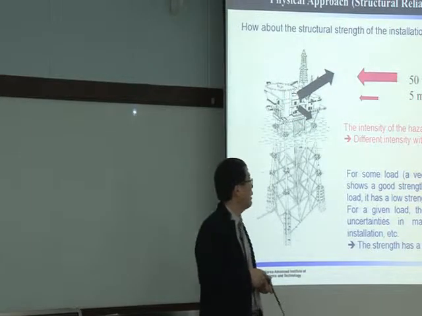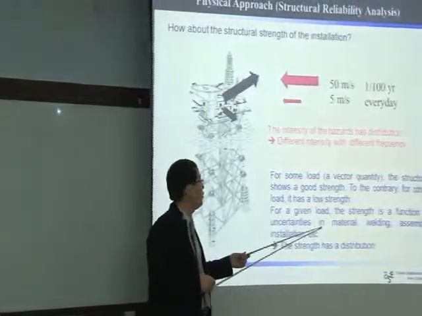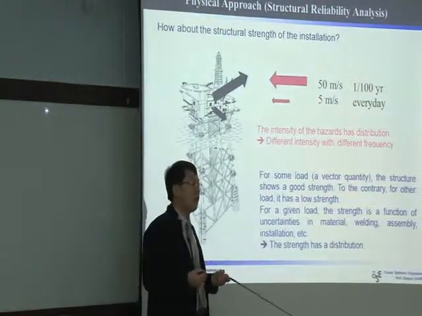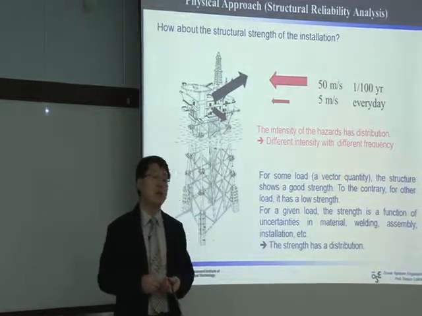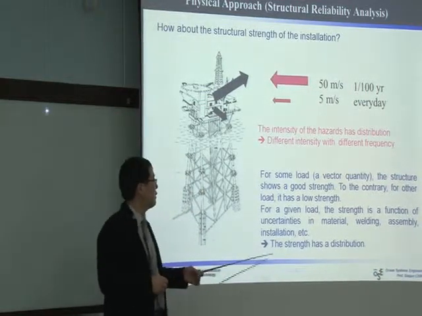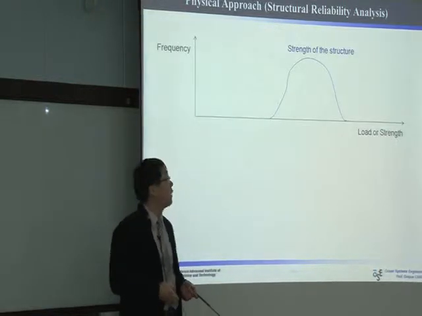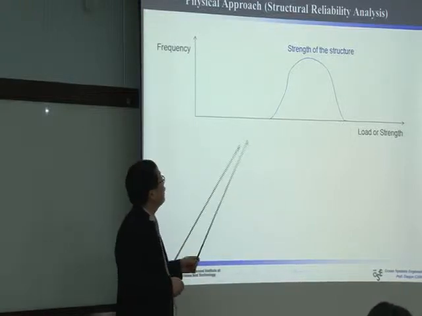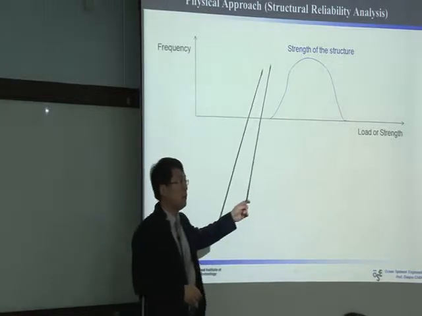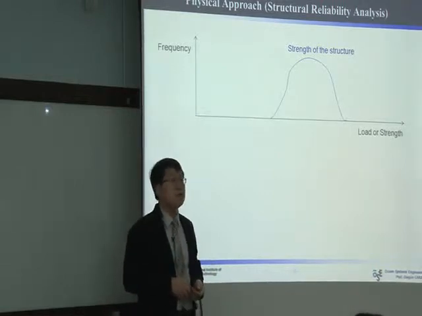So we can say that the strength is a function of uncertainties in materials, welding, fabrication, assembly, and installation, and so forth. So strength itself has a kind of distribution, just like the hazard distribution. So we can express the distribution of the strength like this.